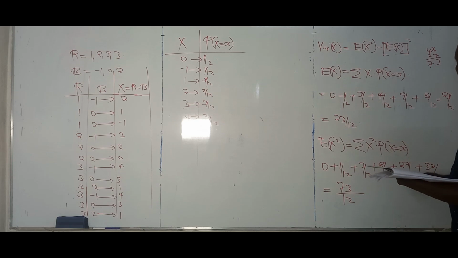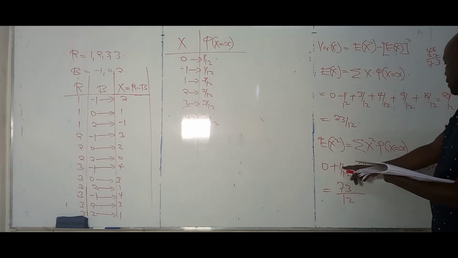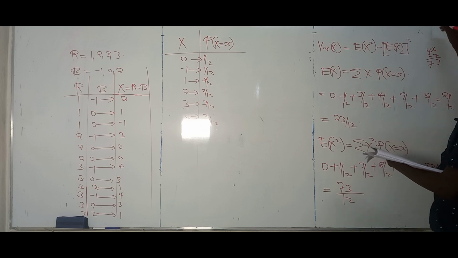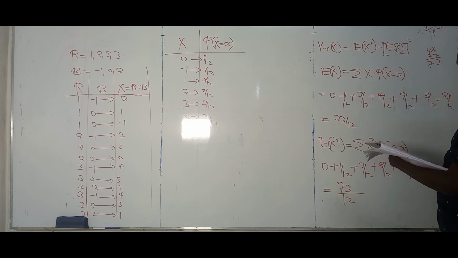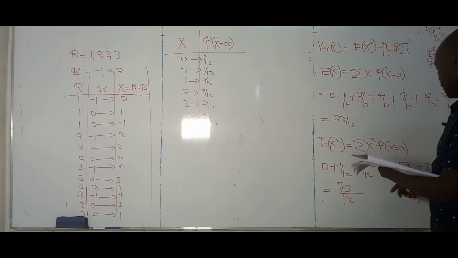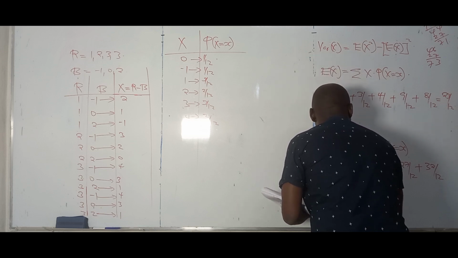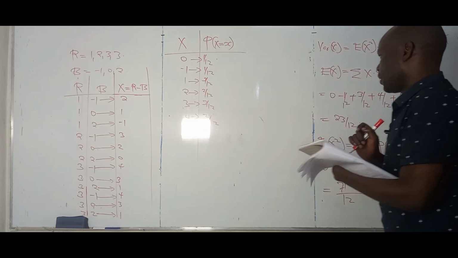Now, this is 4, 12 plus 32, that is 44. 44 plus 27 is 71. This is 71, not 73. 71 over 12.